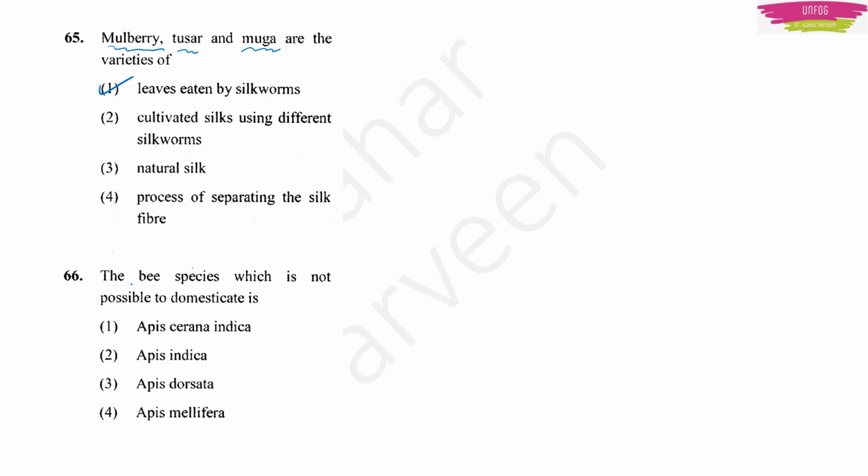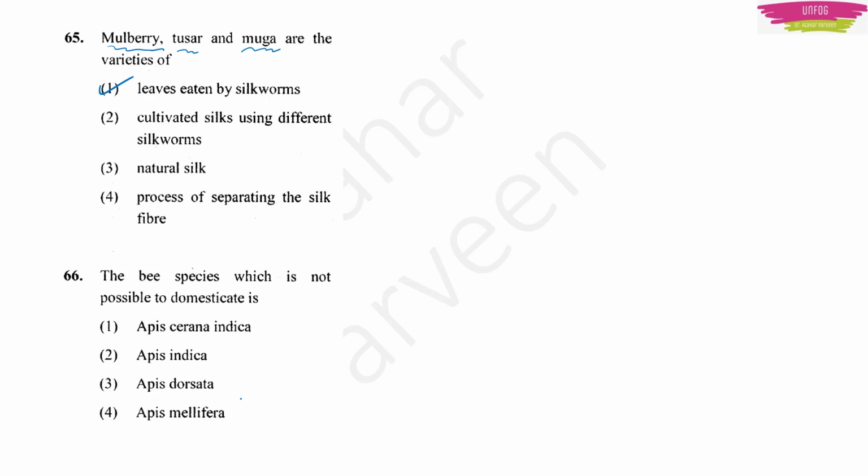Next question. The bee species which is not possible to domesticate is. So domesticate in the sense like we have domestic animals, right? We have cows, sheep, goats, buffaloes, and sometimes even honeybees. We can cultivate honeybees also, right? It is known as apiculture. So which type of bee species from these 4 options cannot be domesticated?